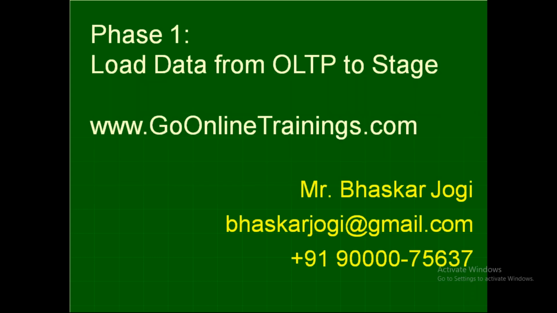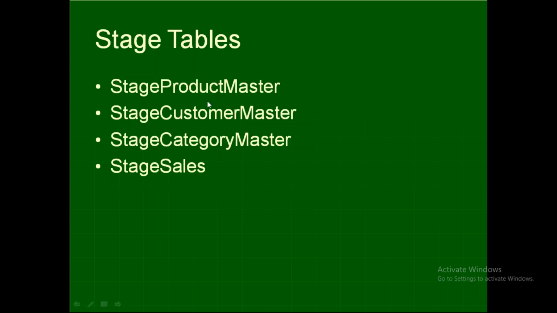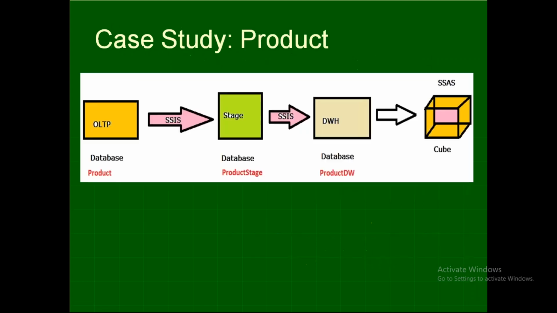Now we had done phase one, load data from OLTP to stage. This has been done. Now we had product master, customer master, category master. So now you have stage product master, stage customer master, stage category master, and stage sales. Today we're going to start phase number two, load data from stage to the data warehousing applications.